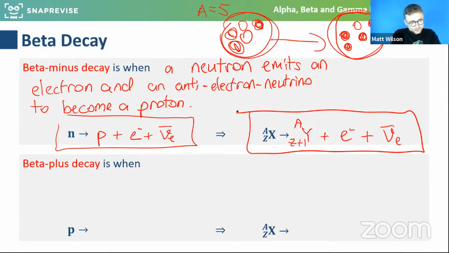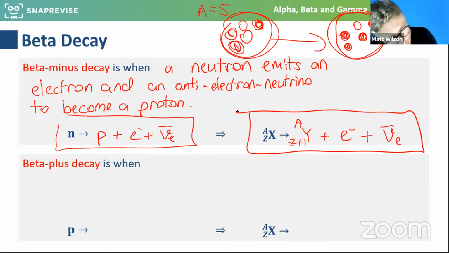Okay, so now we're going to look at essentially the opposite of beta decay, which is beta plus decay. Beta plus decay is the opposite. This time we're going to have a proton, which is going to try and become a neutron instead.